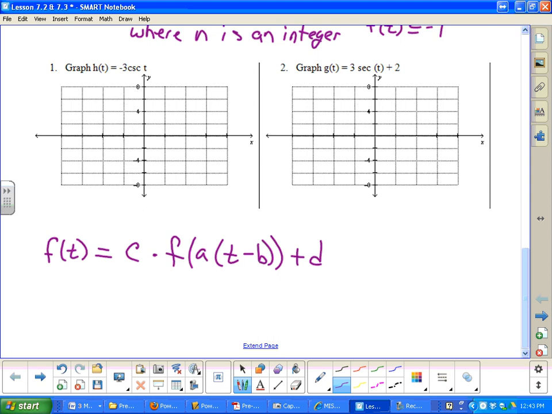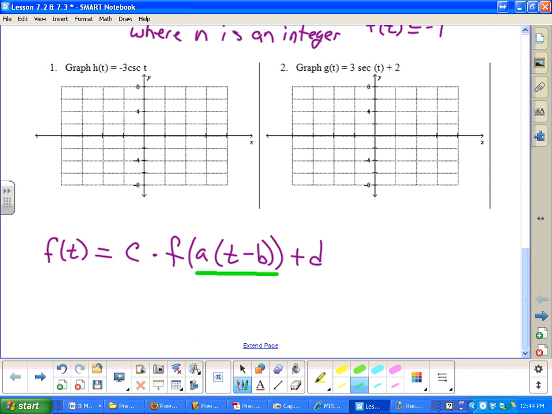If B is positive, it goes to the right. If B is negative, it moves to the left. If D is positive, it goes up. If D is negative, it goes down. Okay? Big thing to always remember is that if it's sine, cosine, tangent, cotangent, cosecant, secant, parentheses, t plus or minus something, that's horizontal.